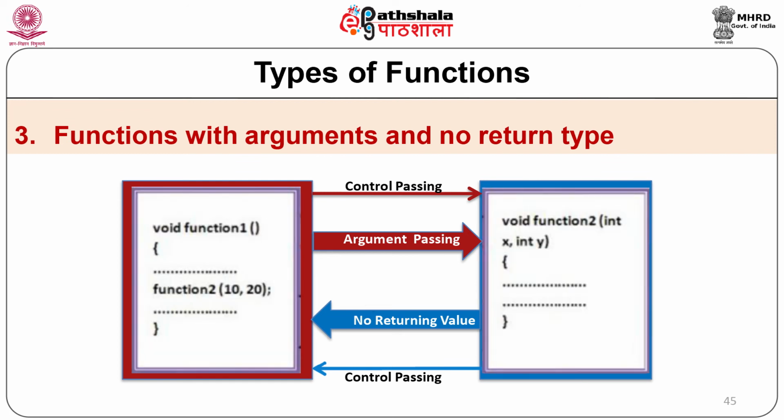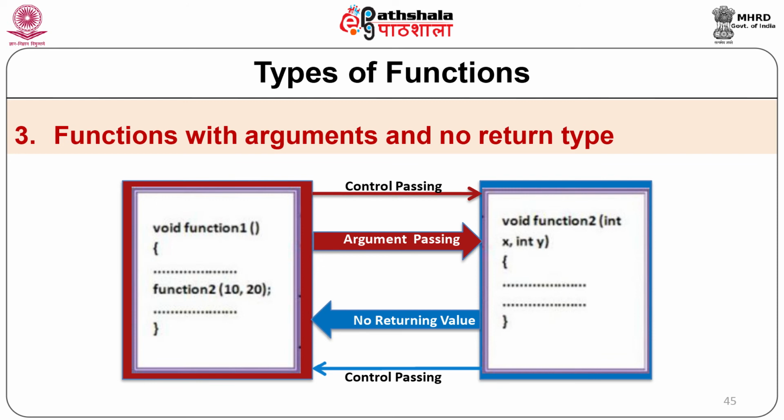You can see there are two functions shown, function 1 and function 2. First the calling function passes an argument to the called function, and the called function does not return any value.